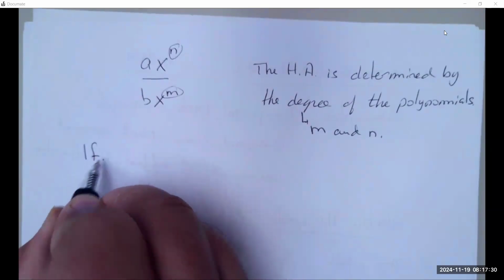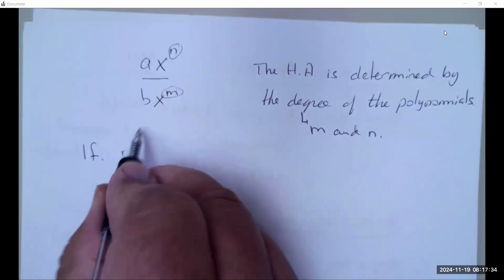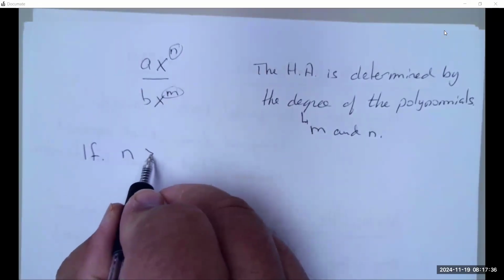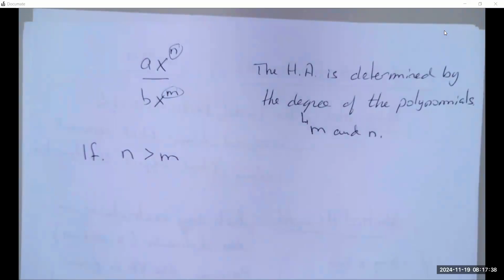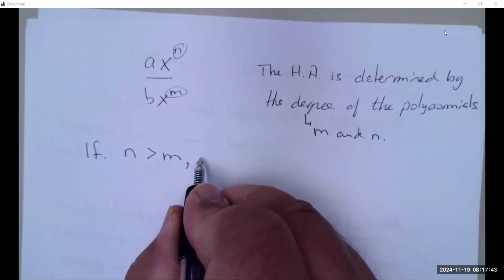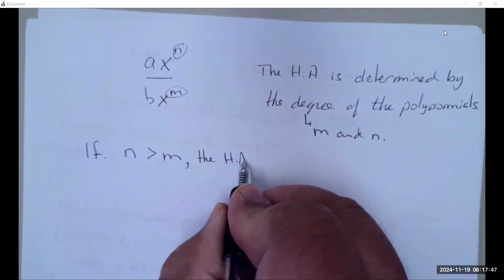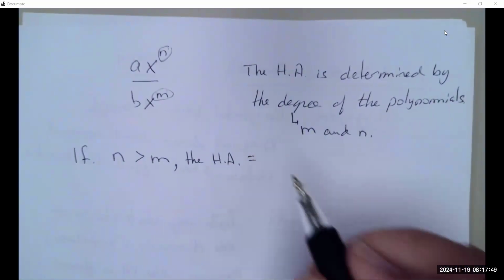If the degree of the numerator is bigger than the degree of the denominator, the horizontal asymptote is what?